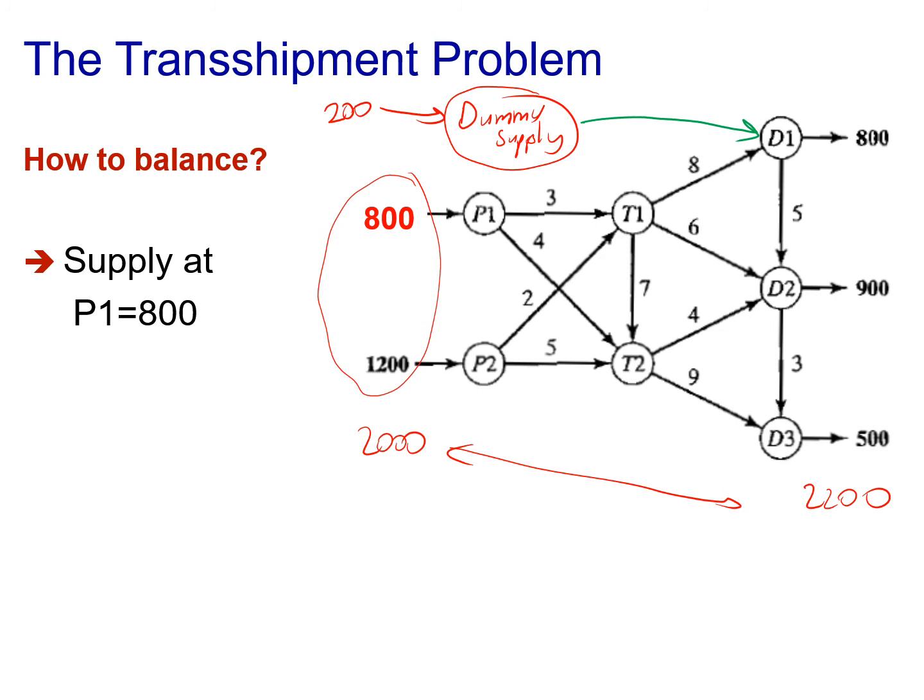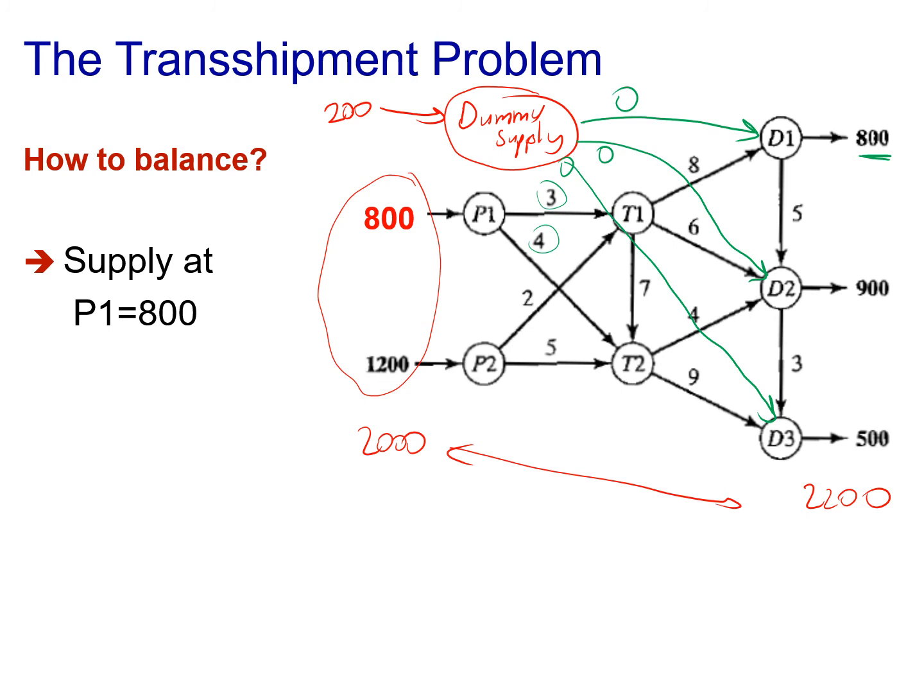D1 is a transshipment point, but it has its own demand. So we connect it and we write its cost as 0. Then D2 also has its own demand. We connect it with 0. And D3 is a pure demand point. We connect it with 0. So these numbers, as we said, are the costs of sending one unit from one node to another. This way we have this dummy supply point and we balance it.